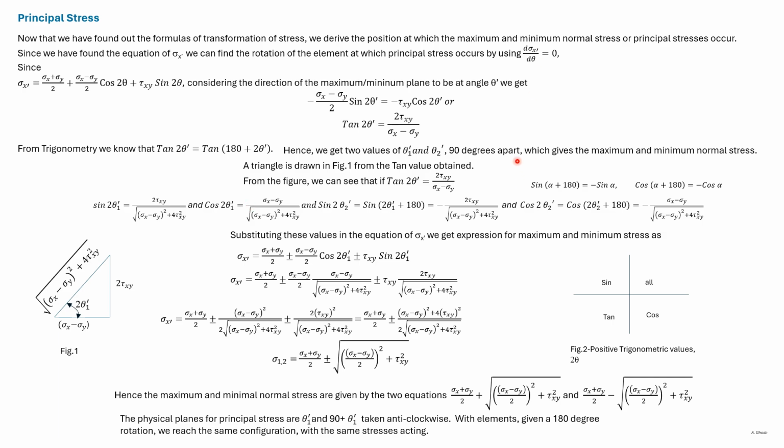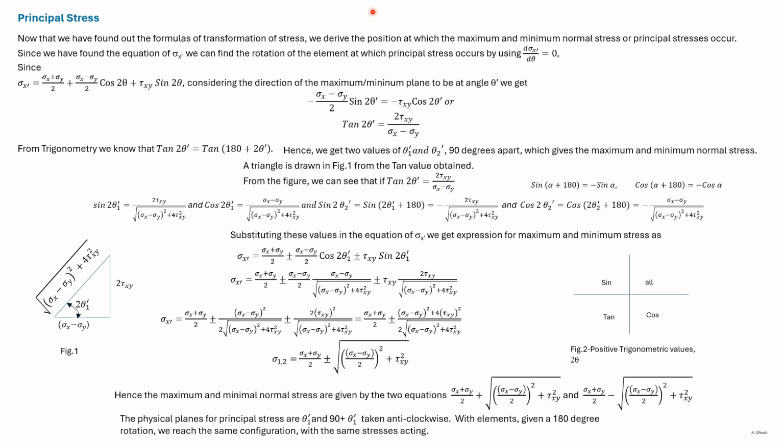Since sine 180 plus alpha is equal to minus sine alpha and cos 180 plus alpha is equal to minus cos alpha, we get sine 2 theta dash 2 by adding a negative sign in front of this term, and we get cos 2 theta dash 2 by adding a negative sign in front of this term. So we have two sets of sine and cos theta values, which will give us the same tan value.